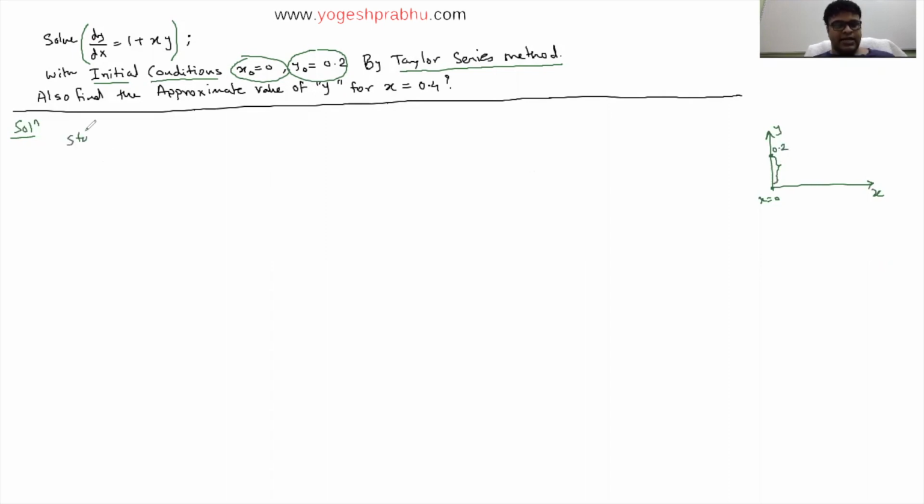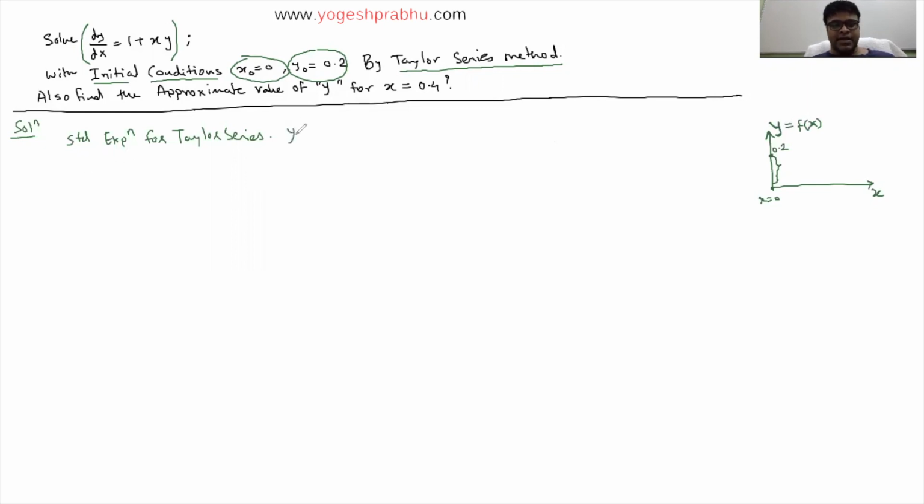This is the standard expression for Taylor series. Let me write down the expression of Taylor series. Just remember one thing: you sometimes write y, or y is exactly the same as f of x. What I'm trying to say is whether you write f of x or you write y, it's the same thing. Just make a note of that point. Now let me write down the standard expression of a Taylor series.